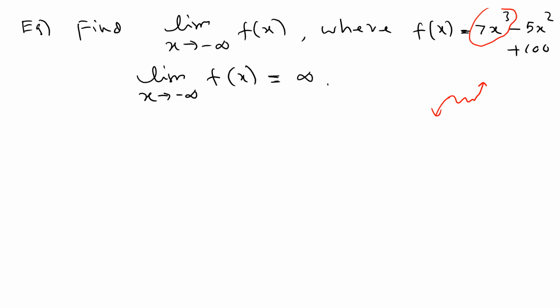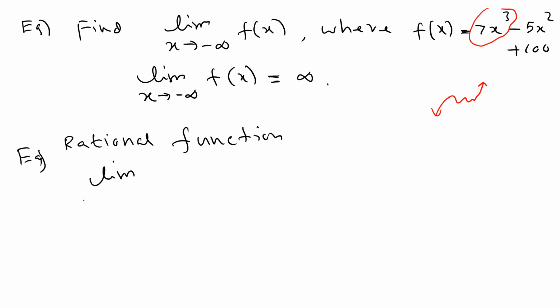Okay, so let's look at several other examples. How about this one? A rational function. So when you have a rational function, the limit as x goes to infinity of (x squared plus x) over (3 minus x).